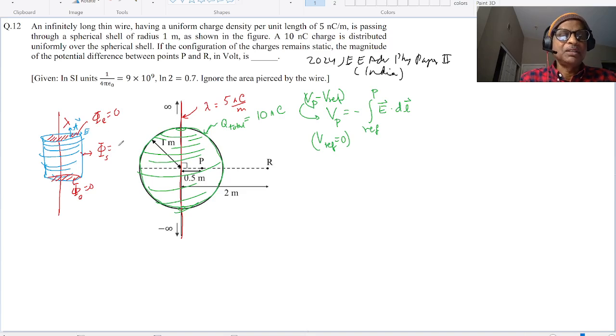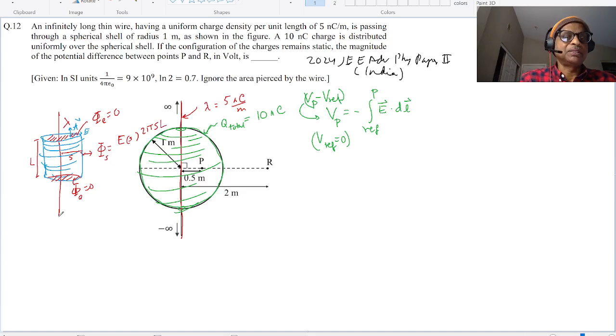is going to be, let this distance be s, the electric field at distance s, and let the length be L, times 2 pi sL.